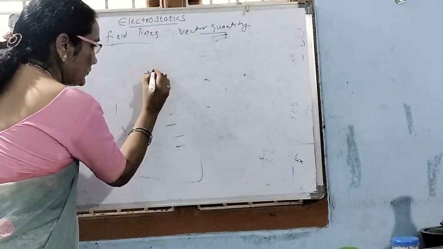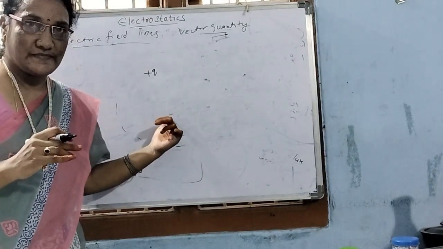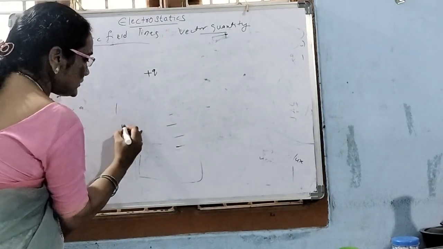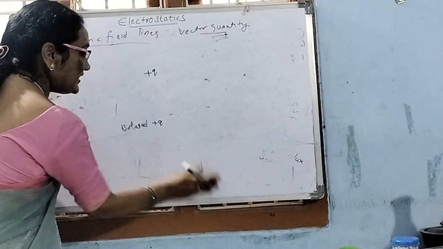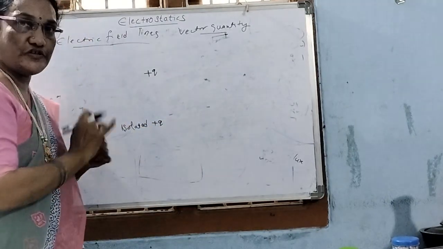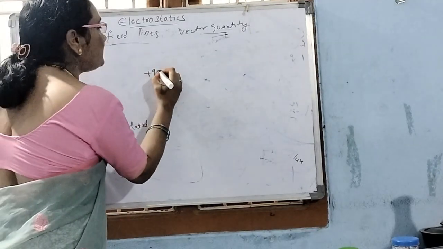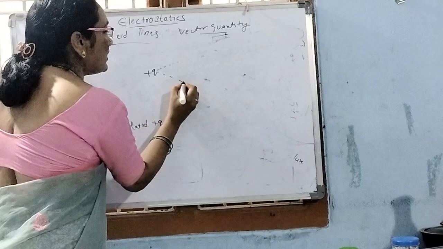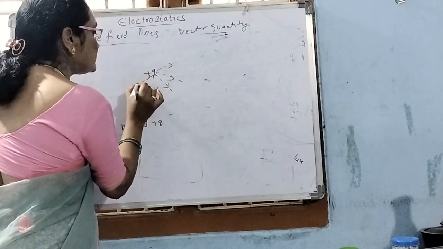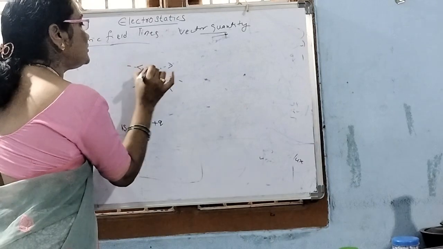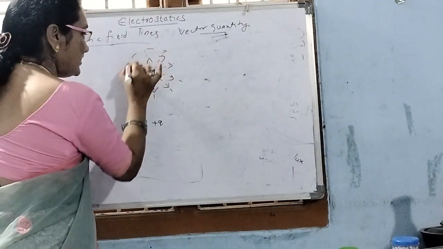If I take a unit positive charge, an isolated positive charge, the direction of flux lines starts from the positive charge and ends in infinity.